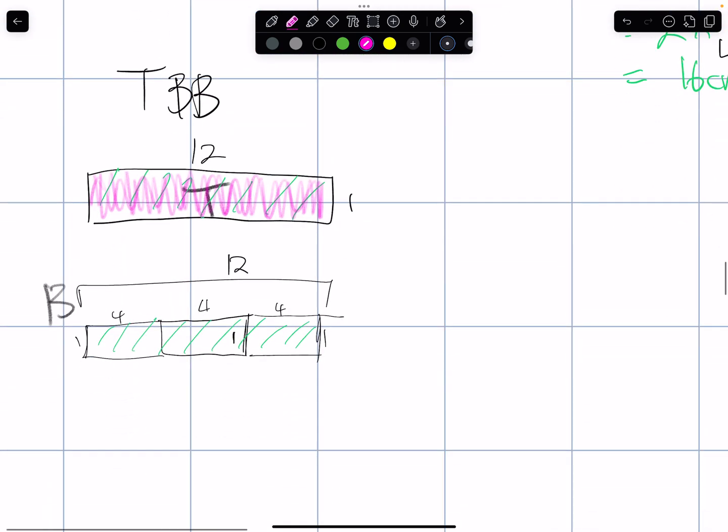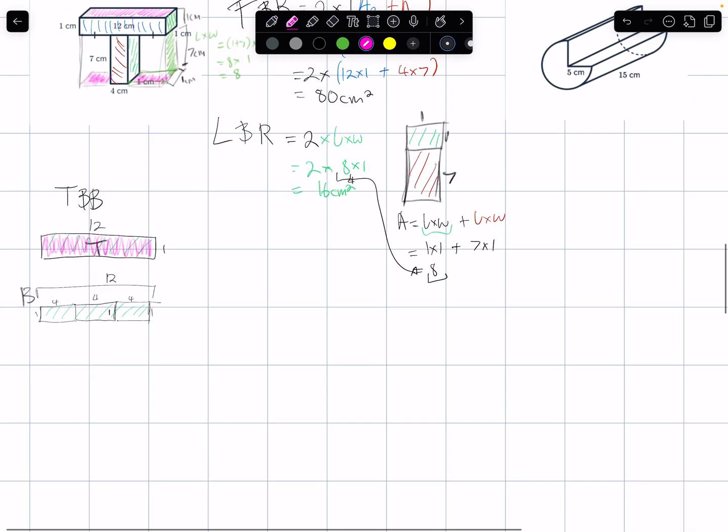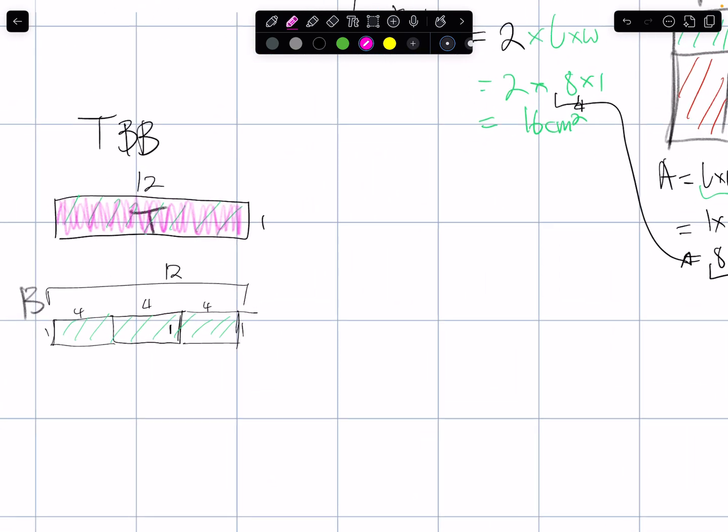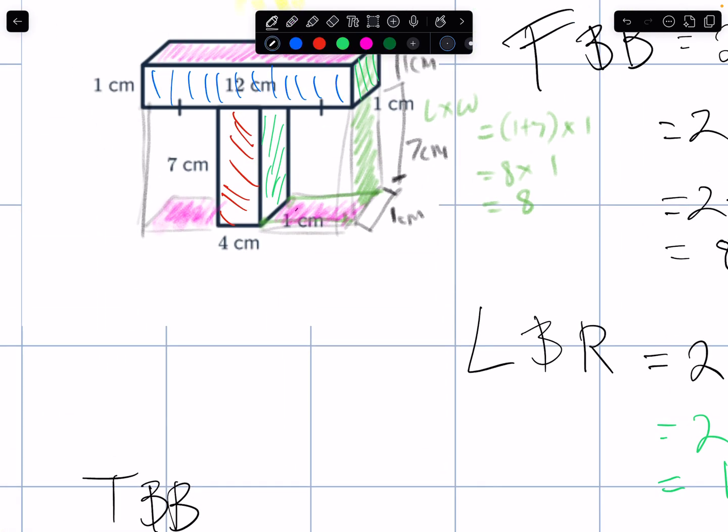Anyway, so this little bottom bit is made up of 3 different blocks. We have here this block, this is 1 centimeter, and we found out before this is 4 centimeters. So we have a 1 by 4 centimeter block.